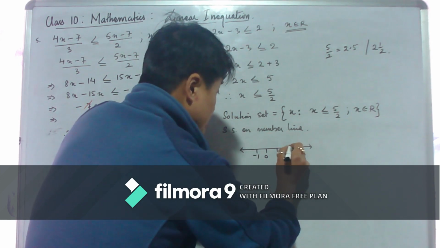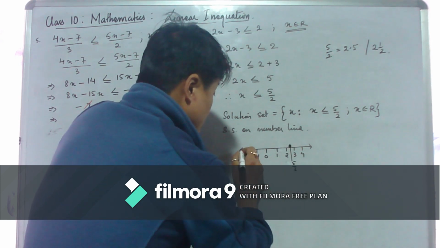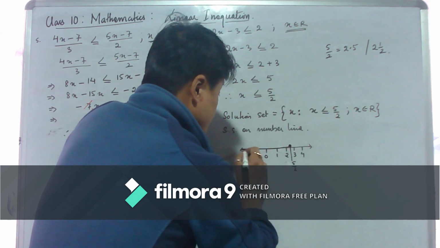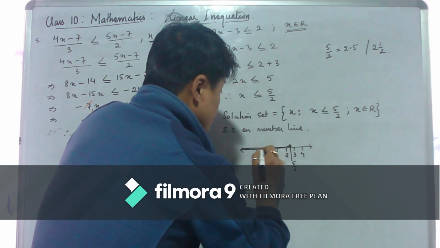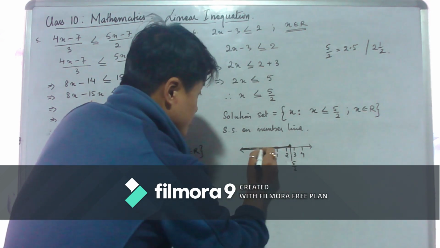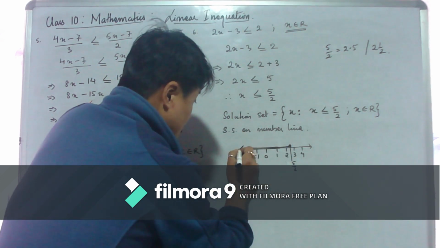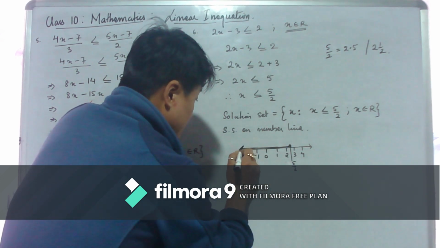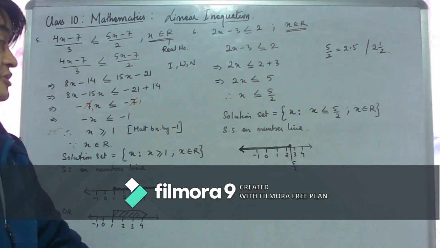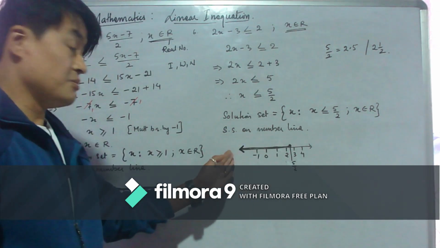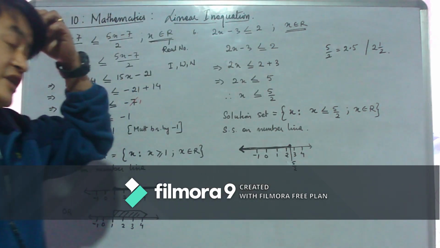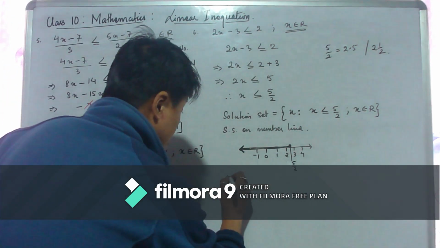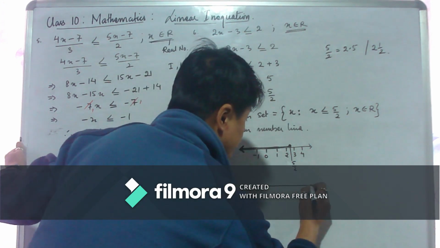So from here we'll make the dot and we'll go through all these numbers. We make the thick line, and on the other side we also make the arrow thick. From here we'll understand that all these numbers are the solution set of the given inequation.